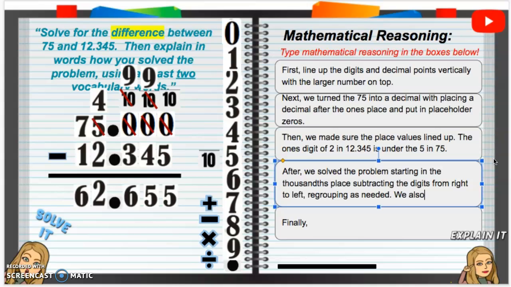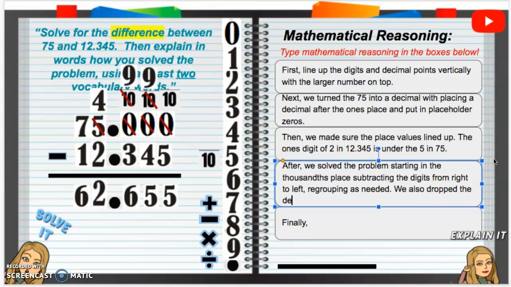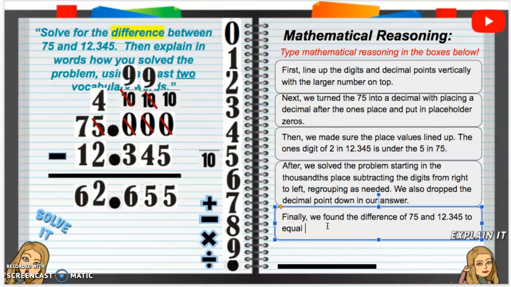We also dropped the decimal point down in our answer. Finally, we found the difference of 75 and 12 and 345 thousandths to equal 62 and 655 thousandths.